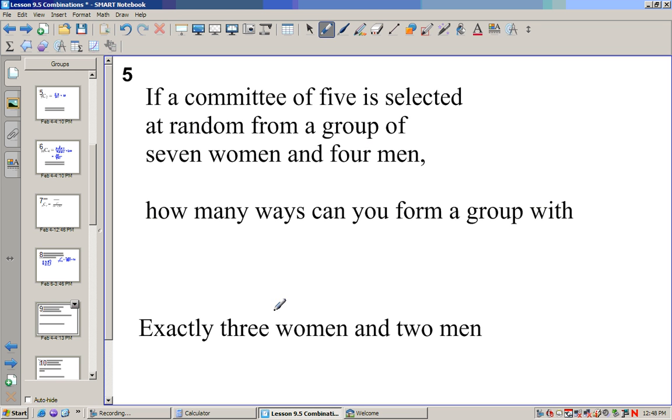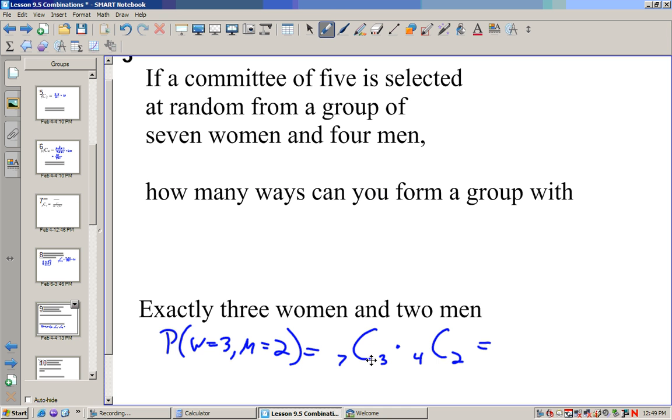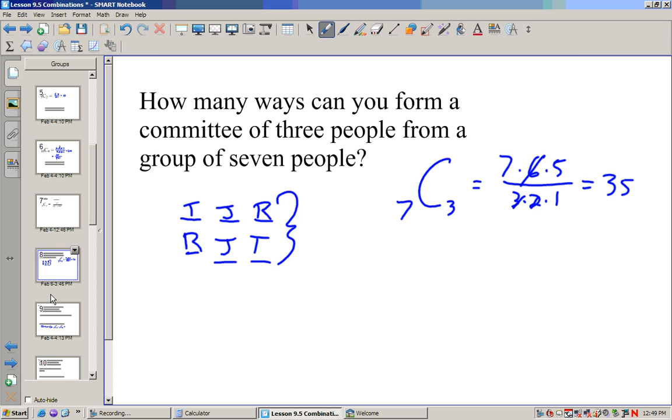So in this situation, we want to find the number of ways that the women is 3 and the men is going to be 2 out of our group of 5. Well, there's 7 women, and I want to choose 3 of them. And there's 4 men, and I want to choose 2 of them. So we multiply these two together. 7 choose 3 is 35.